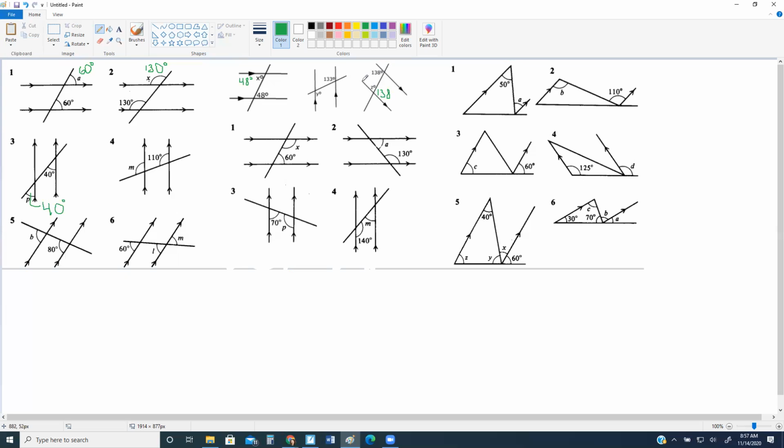I know that this is a straight line, so 138 plus z equals 180. We've added 138 over here, so now we're going to subtract it to get the z alone. And z is going to be equal to 42 degrees, because 180 minus 138 is 42 degrees.